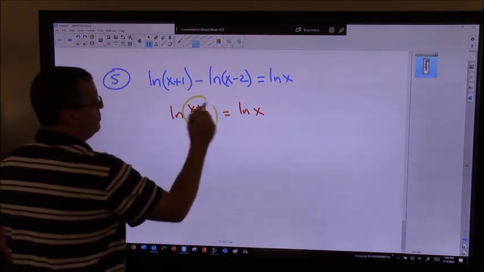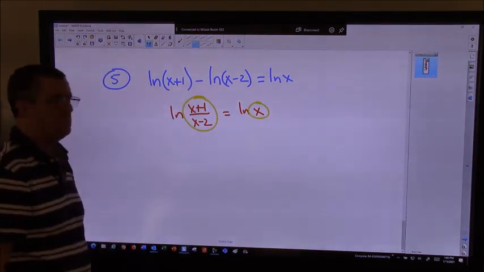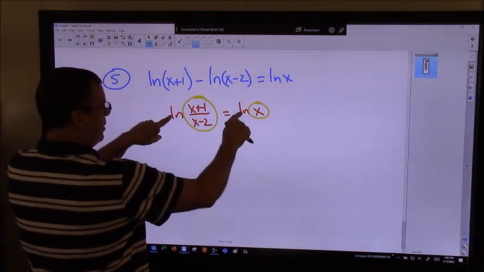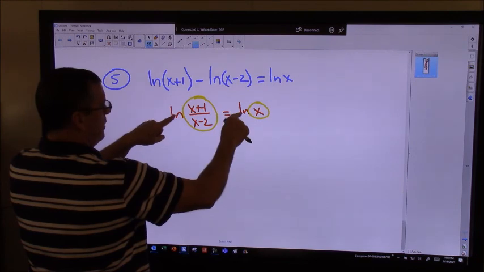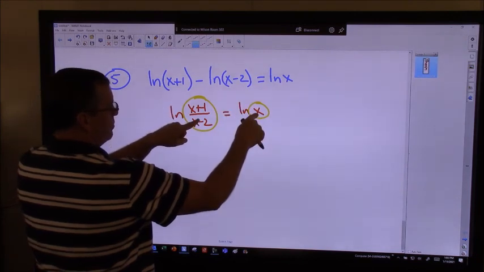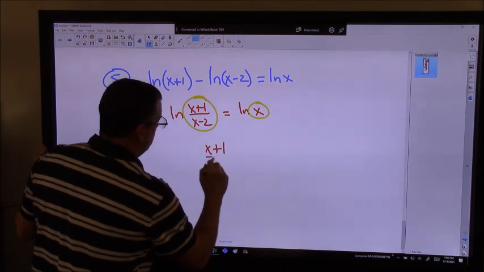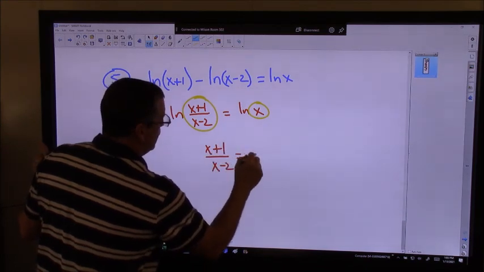And now these two things have to be equal to each other, right? I've got the same function on both sides. They're both natural logs. They're equal to each other. The only way that happens is if these two things are equal. So I'm going to say that x plus 1 over x minus 2 is equal to x.